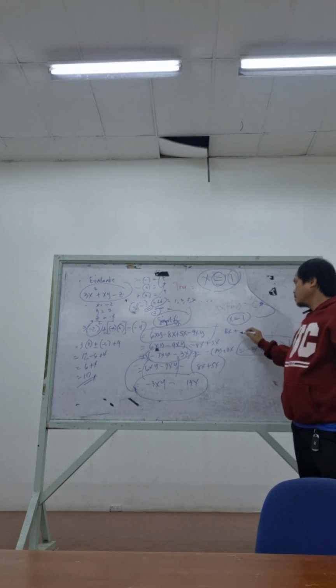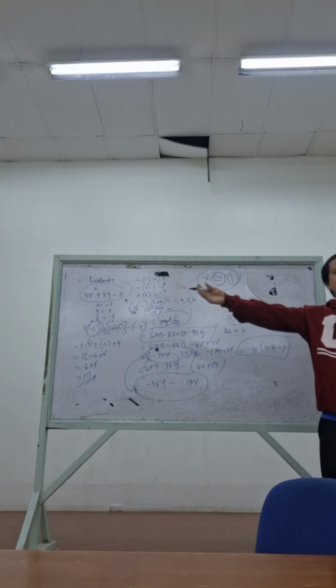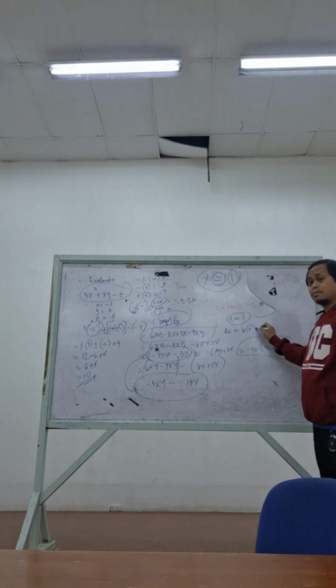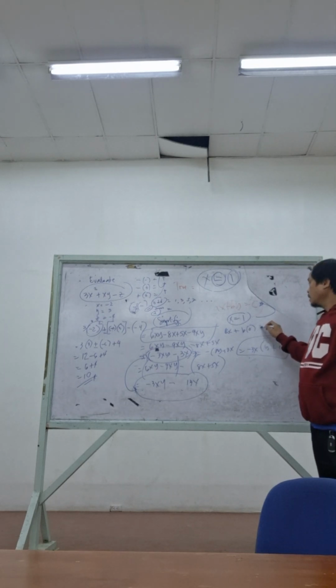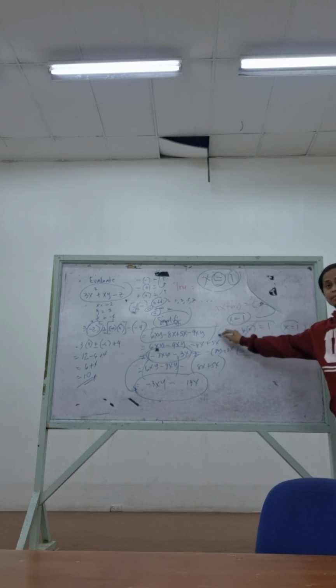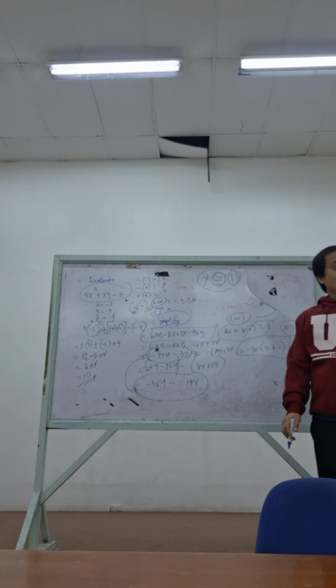Then plus your b, or you just write b because we don't know the value of b. But then your y there is 0. Then your c is 1. So if you multiply b times 0, that is 0. That is why we have here x is equals to 1. Are we clear?